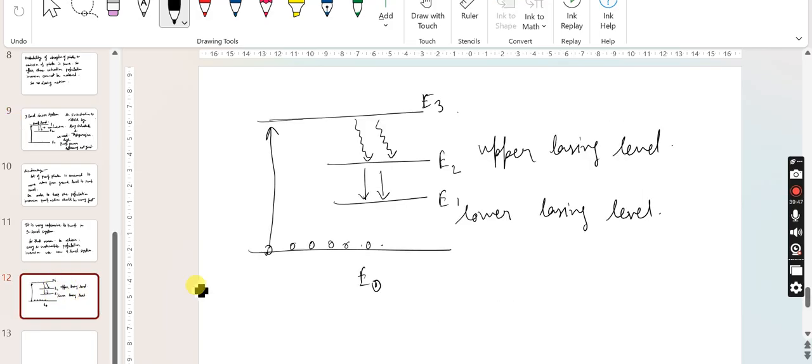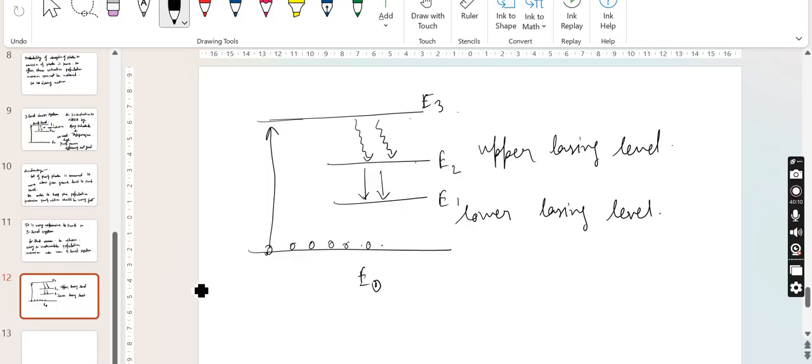So here, from E3 to E2 the transition is non-radiative, and E2 is the metastable state.